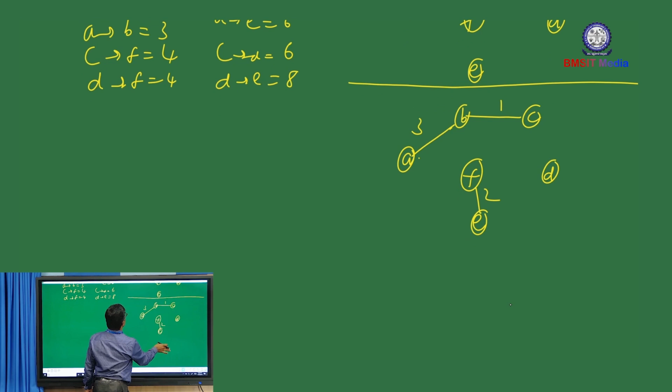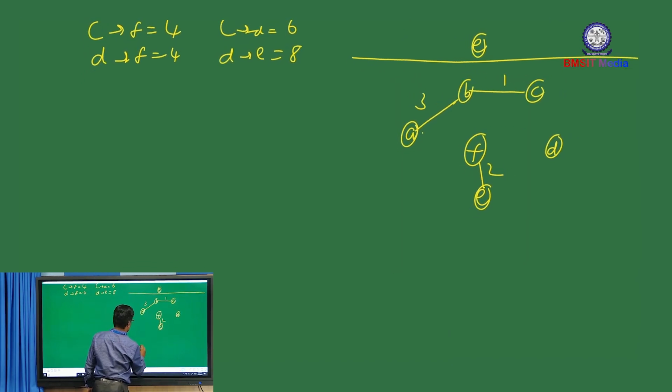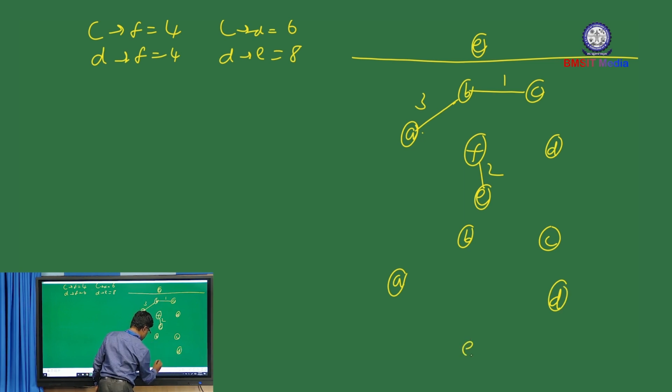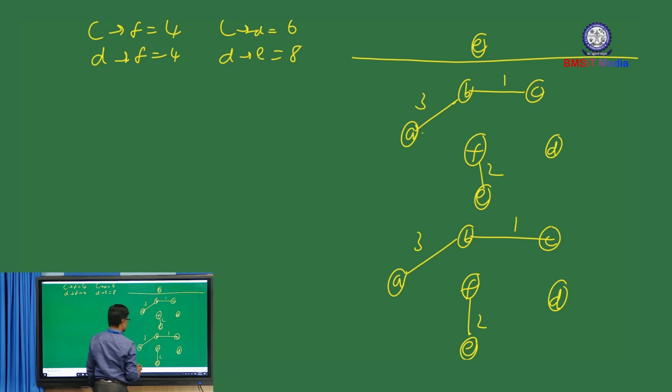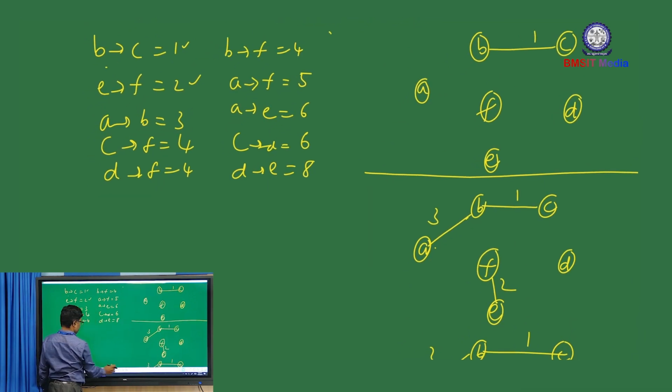Third one: A, B, C, D, E, F. This we have already drawn, 3, 1, 2. So now up to 3 is over. Now what is the next element? So this is also over. Now what will happen? This is also over. Now C to F is 4.